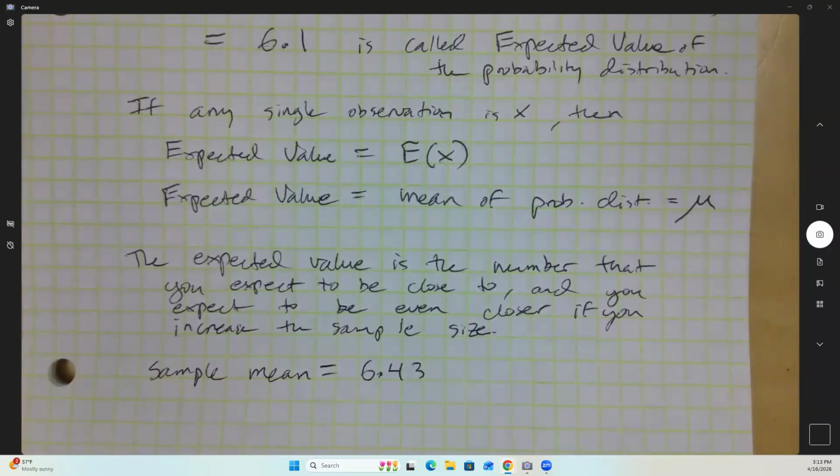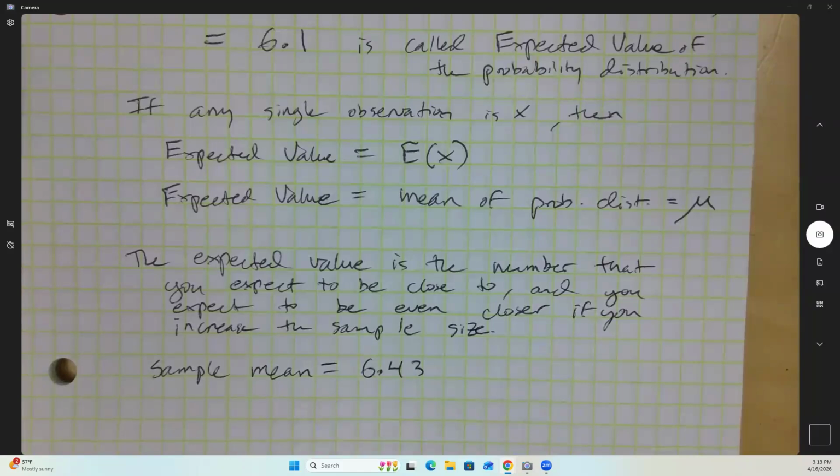That's good. It means our sampling methodology was probably pretty reasonable. But it wasn't exactly 6.1, of course, because that would be super surprising, right? To get exactly the average, I would be surprised. Now, if we had not stopped at 21 cards, but if we had done 100 cards, we would probably be even closer to 6.1.